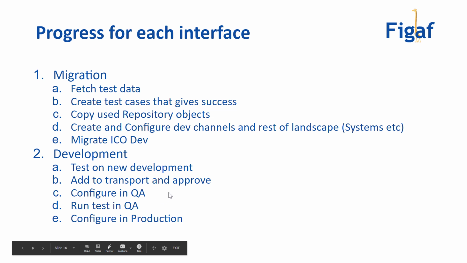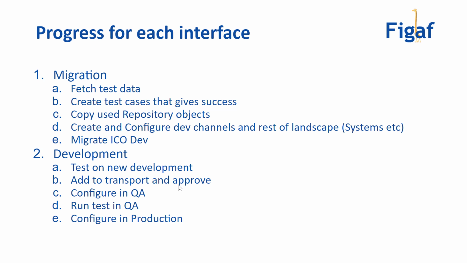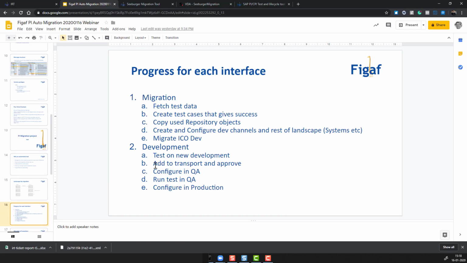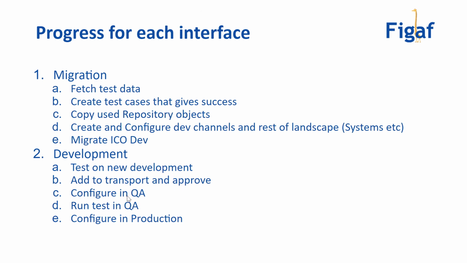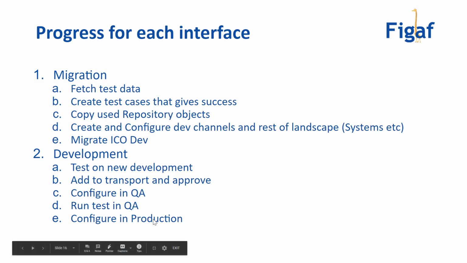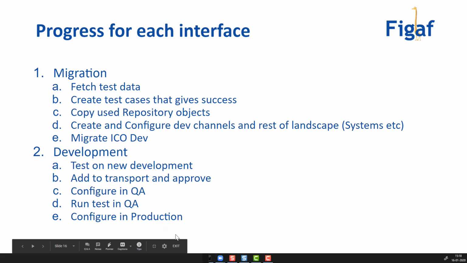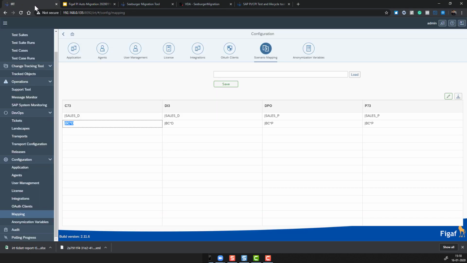I'll see if I can share the slides after the presentation. And then the second part is development, that is testing that the thing we have developed is okay, transporting it, and possibly having approval, configured in QA, configured in production, or running tests in QA and configured in production. So let's see how this works.